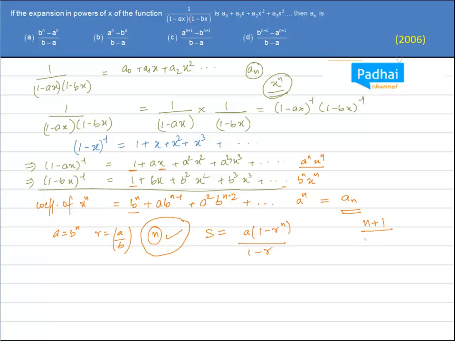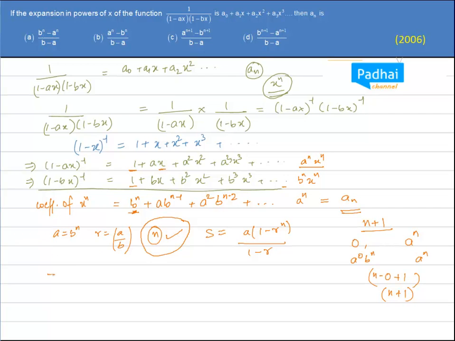Why? Because you have terms from a0 to an, so n minus 0 plus 1 are the total number of terms. That means the total number of terms are n plus 1, not n. This was the main highlight of the question.